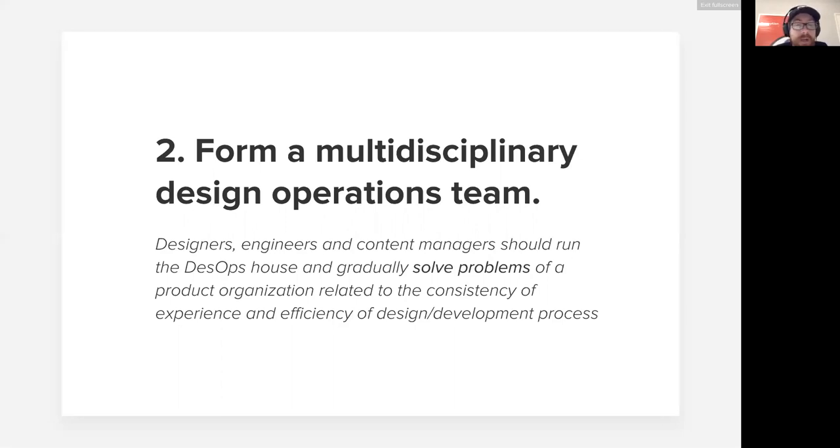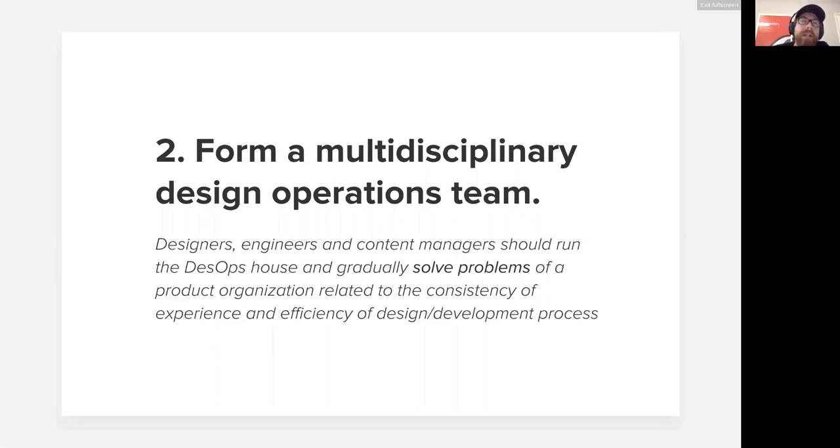So it's somehow a similar issue. But the most important thing is to build a design operations team, a team that's going to take care, among different things, of building a design system. The most important thing is to make it multidisciplinary.